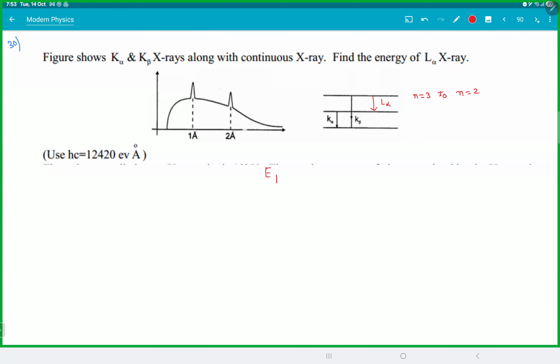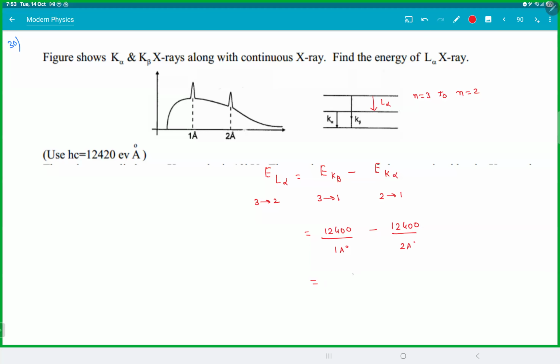So the energy of an L alpha photon is nothing but the energy of a K beta photon minus the energy of a K alpha photon. Agreed? So 3 to 1 minus 2 to 1 will give you the 3 to 2 transition. This is the 3 to 1 transition and this is the 2 to 1 transition. That will give you the energy difference. And what is the energy there? 12400 by 1 angstrom minus 12400 by 2 angstroms.